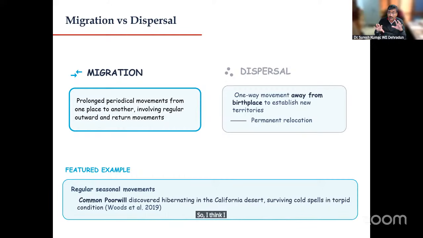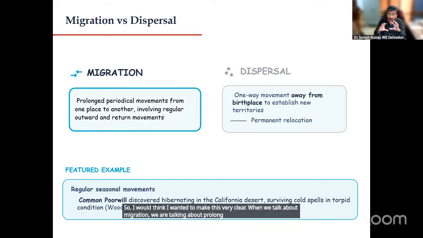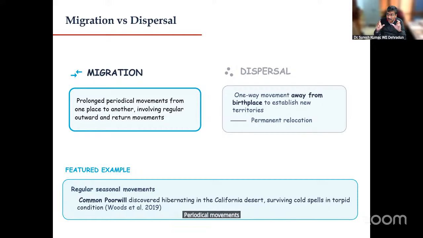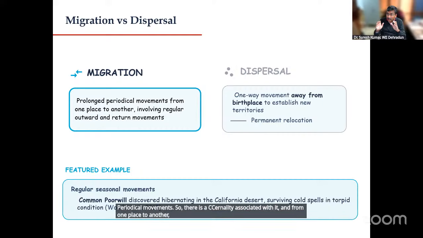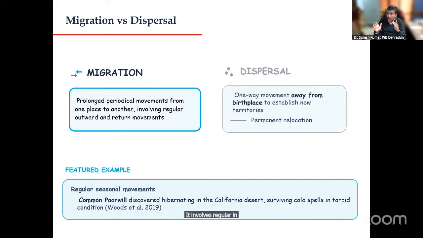I wanted to make this very clear. When we talk about migration, we are talking about prolonged periodical movements. So there is a seasonality associated with it. And from one place to another, it involves regular inward and outward, or return, movement. So it is fixed to the season and they're returning back to the same places.